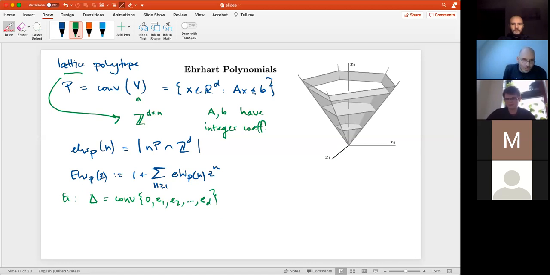And I claim, if you think about this, the inequality description is that every coordinate has to be bigger than or equal to 0, and then there's one non-trivial inequality.